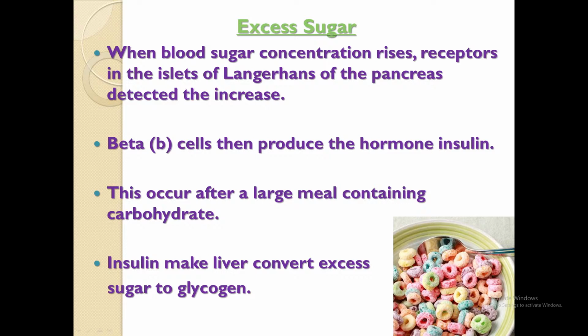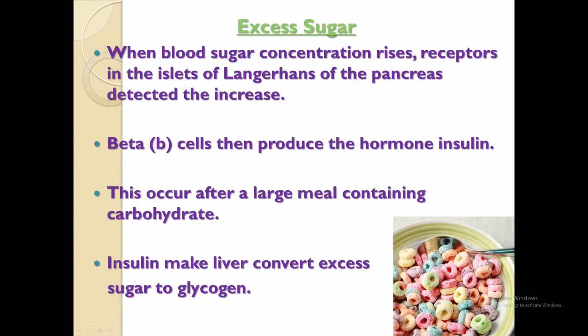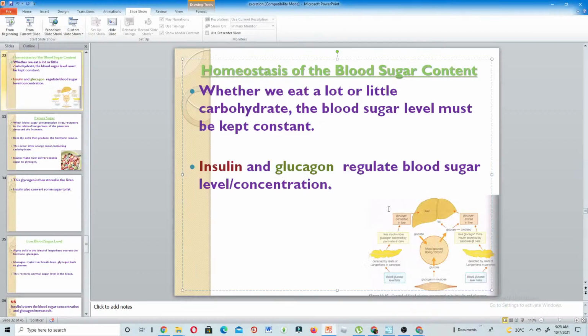Now, yes, it is the pancreas, but if I should ask you which part of the pancreas detects that there is an increase in blood sugar concentration, that is when you should tell them that it is the islets of Langerhans. That's the exact part of the pancreas, because of course the pancreas has more than one part. That is the exact part that will detect and realize that there is an increase in the amount of sugar in the blood.